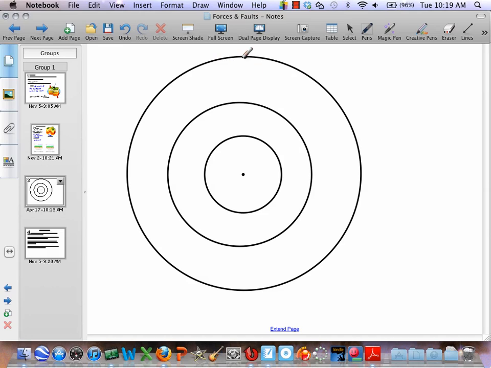One thing I want you guys to notice is that when the waves come out, what happened here within the mantle? Did it go straight down? No. So what happened? It gets bent. That's because the waves change speed and direction when they travel through new material.